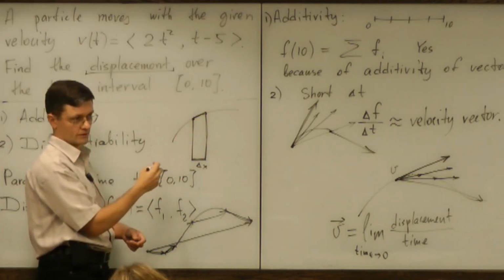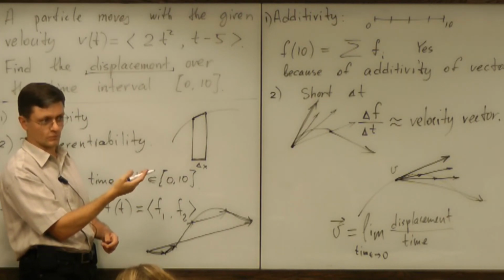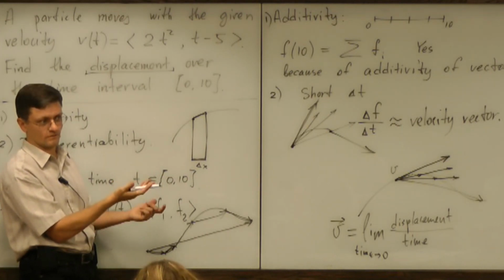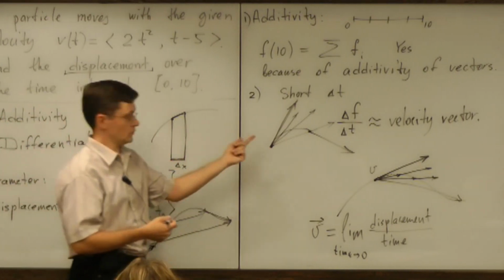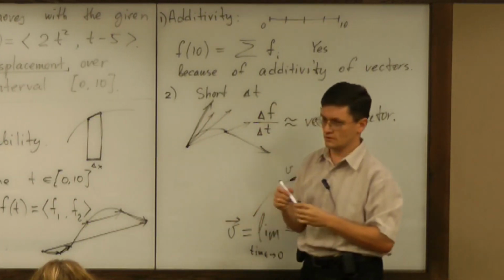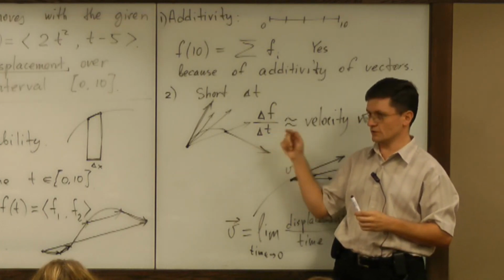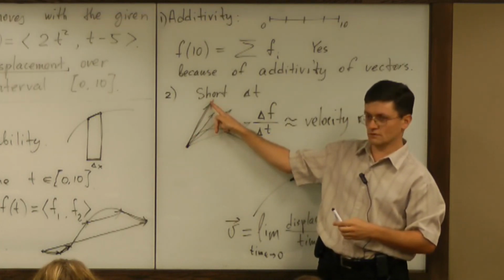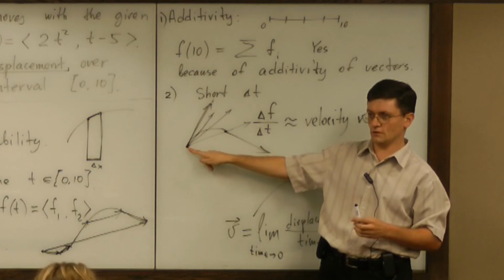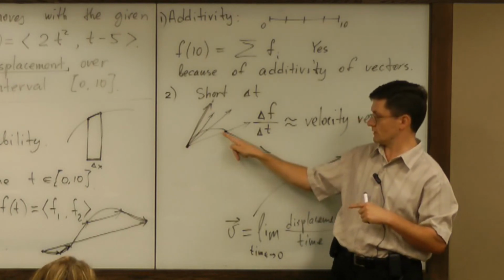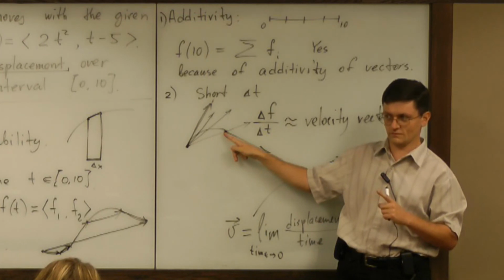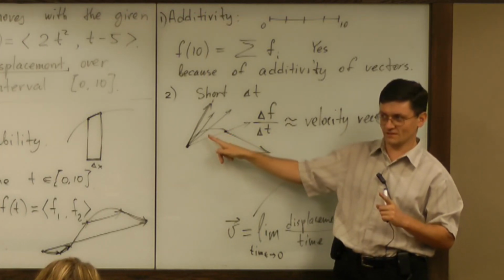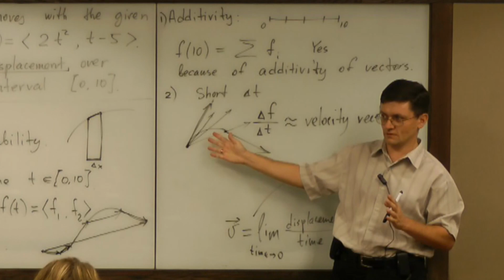They are not the same, but as delta x approaches 0, they get closer. Can we expect the same here? As we make delta t go to 0, this velocity vector at this point is going to be closer to that vector, the velocity at the endpoint. Does it really happen? Is that what we should expect?